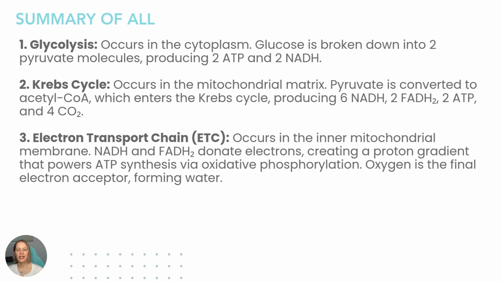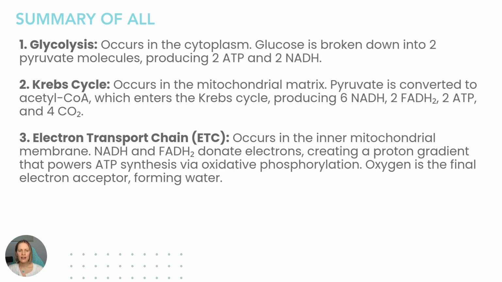The electron transport chain, then, what is that? This is where the NADH and the FADH2 from the Krebs cycle are going to donate electrons, creating that proton gradient, which I talked about, very important for the electron transport chain, that powers the ATP synthesis.